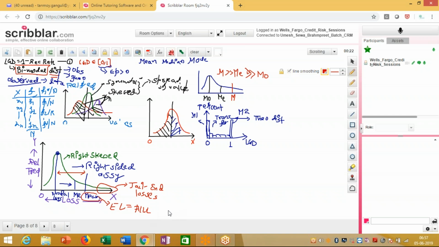You have ALLL, then you keep aside your provision for bad debts and so on, right? And it is this expected loss, which is a function of the probability of default, the loss given default, and the exposure at default.